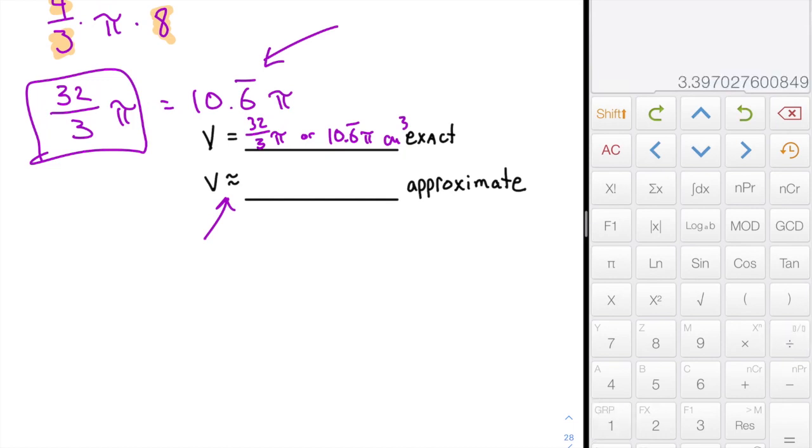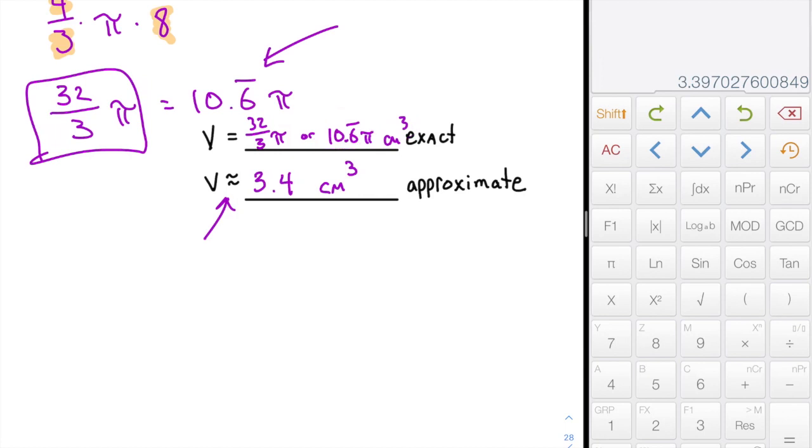So now I get 3.397, so 3.4 centimeters cubed. That doesn't make any sense. It does make sense because 10 times 3 would be 30. So 3.4, oh, I hit divide.